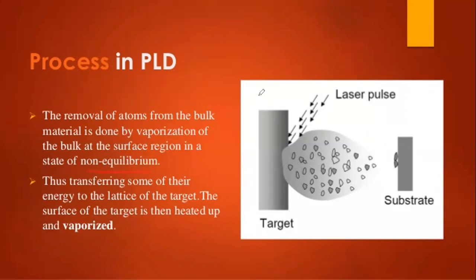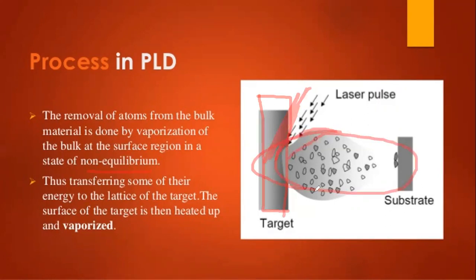Okay, it means this is the target, this is the entire target. And whenever the laser pulse is bombarded onto the target material, some of the particles get fractured. And those fractured particles, the atoms, get evaporated. But simultaneously, whenever the laser beam is bombarded onto the target material, the plasma is created.